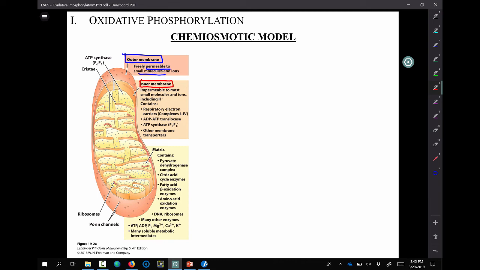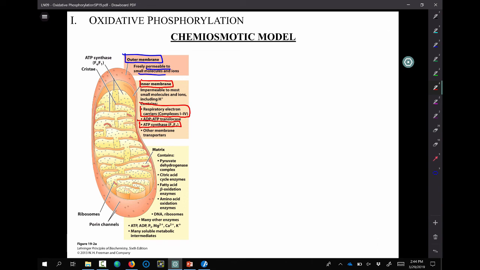So it's really more protein stuck together than lipid. It has what we will call the electron transport chain or respiratory chain, ATP translocase, ATP synthase, and other membrane transporters. These are the two that we'll talk about in this upcoming set of slides.